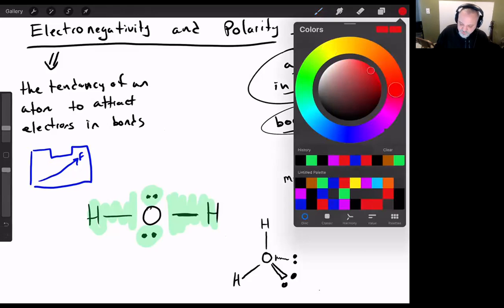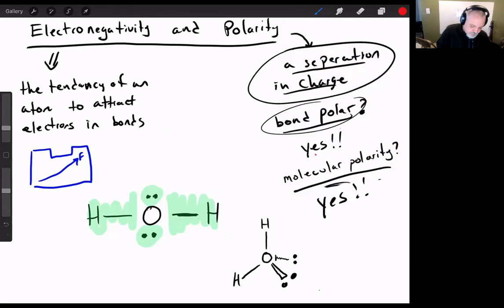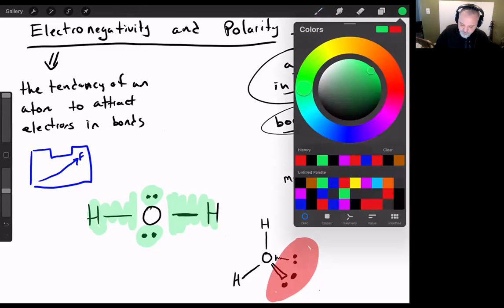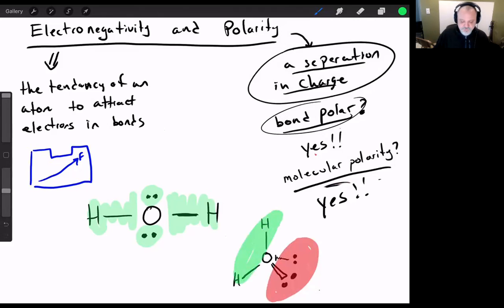If I draw it out in 3 dimensions, what do I have over here? I have a bunch of red negative space because of the lone pairs. I have a bunch of positive space because of the partially positive hydrogens, because they're less electronegative.